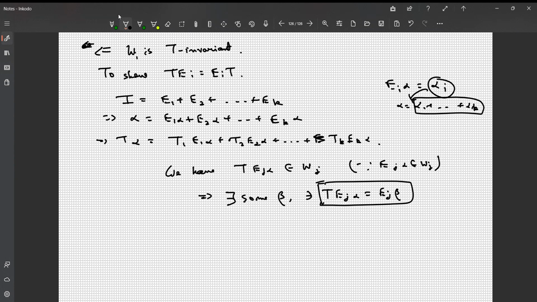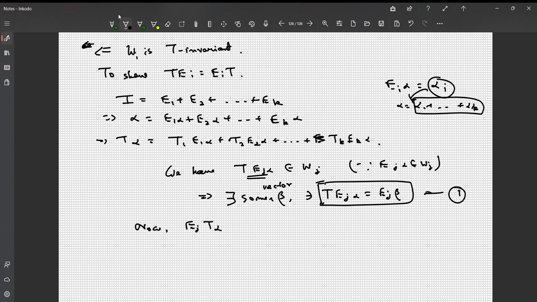Those elements come from the vector space V. So we consider a vector whose image under Ej will be obviously contained in Wj. Since this is also contained in Wj, they must match at some point. So T of Ej alpha is equal to Ej beta for some vector beta. Clear? We're going to use this statement. Okay.